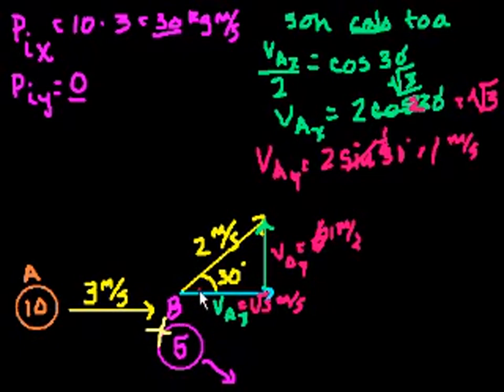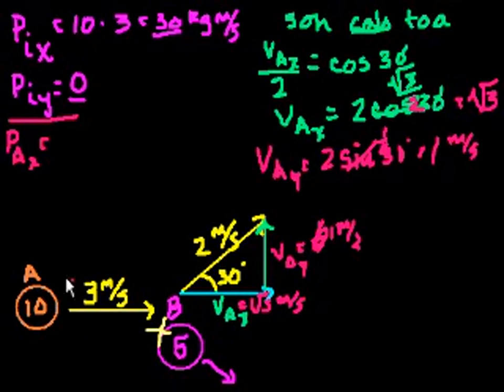So what is going to be A's momentum in each of the directions? Well, we figured out its velocity, so we just multiply each of the velocities times the mass. A has a mass of 10 kilograms, and this is going to be the final momentum. The momentum of A in the x direction is going to equal square root of 3 times 10, right?